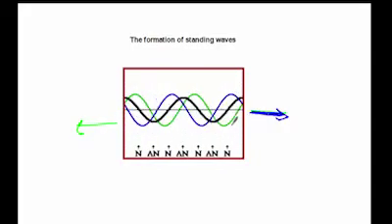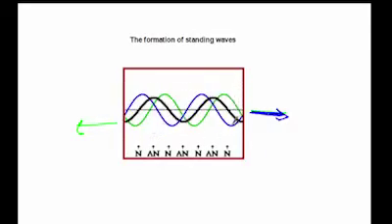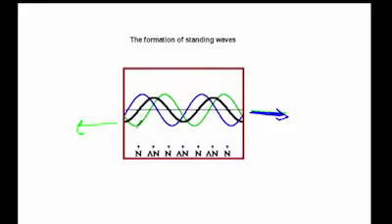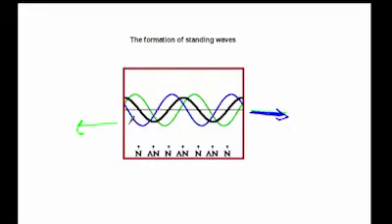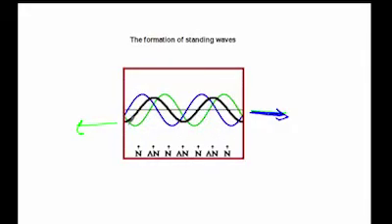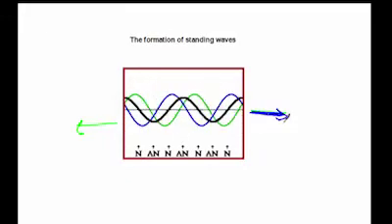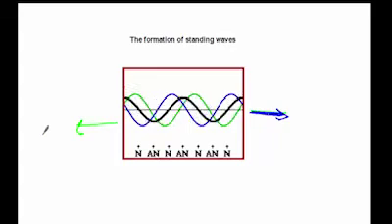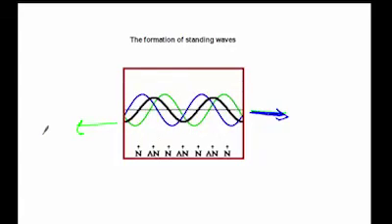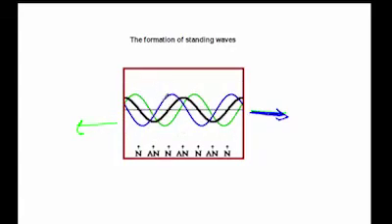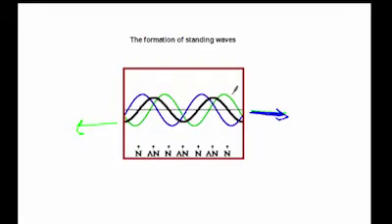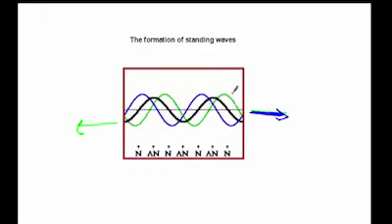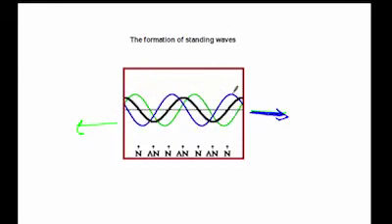Why is it called a standing wave? You see here, the blue and the green waves are progressive waves. They are moving and carrying energy towards right or left. But the black colored wave is not propagating towards right or left.